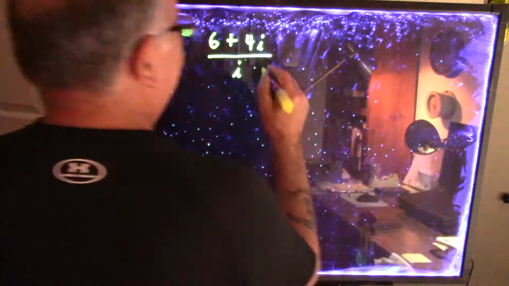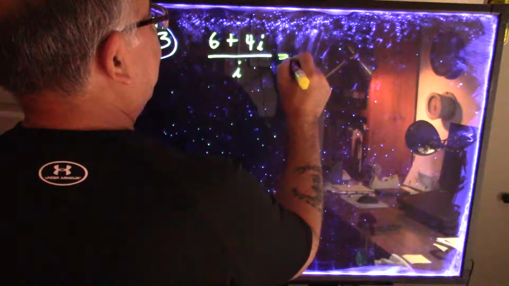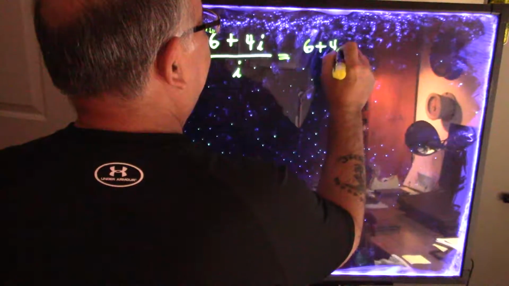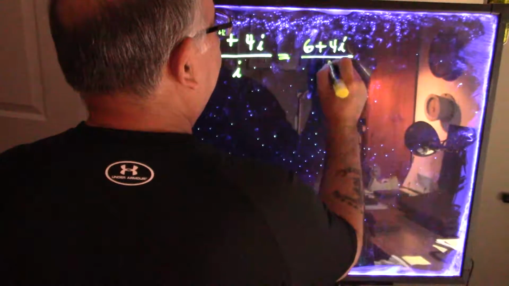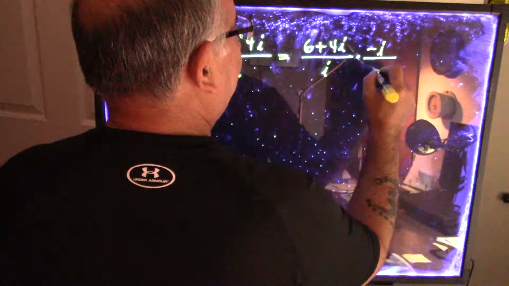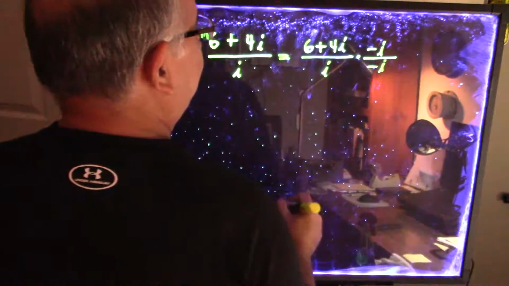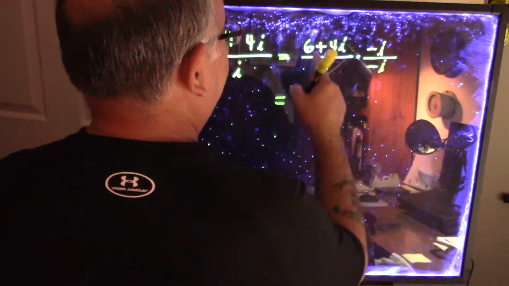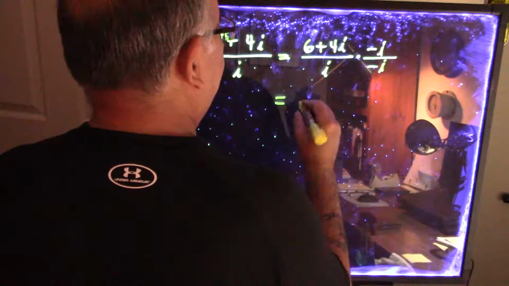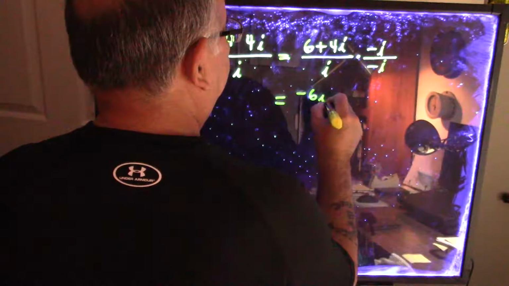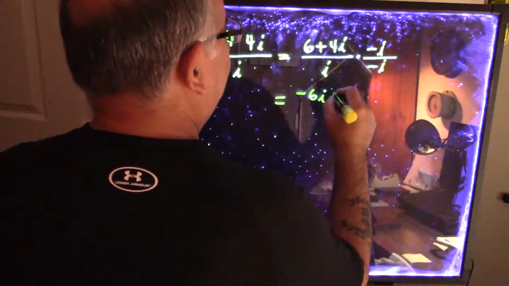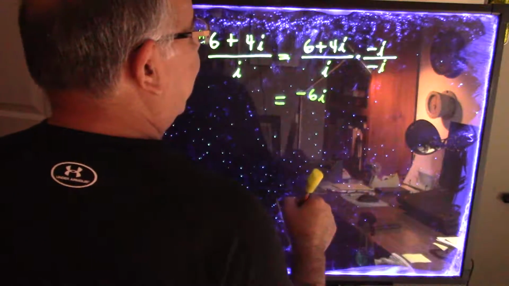Alright, so you got this starting with that, and then you've got 6 plus 4i over i times negative i over negative i. So the conjugate of i is negative i. So this is negative i times 6 plus 4i, so you get negative i times 6 is negative 6i. Negative i times 4i, that's going to be negative 4i squared, right?